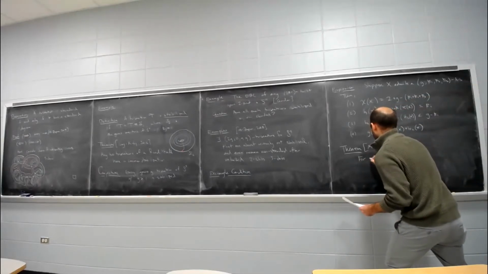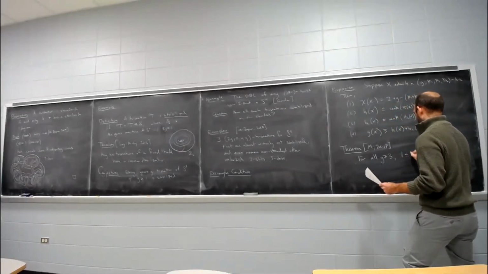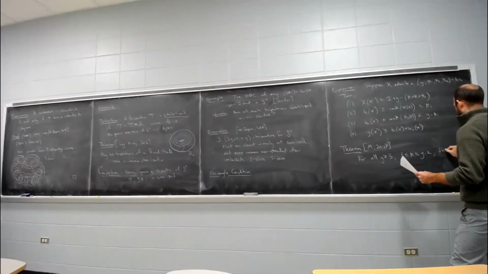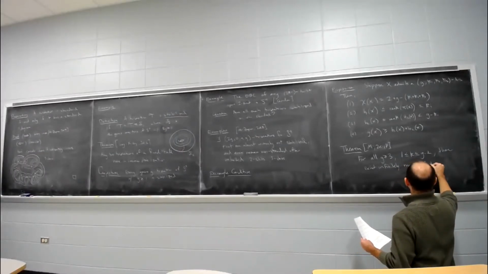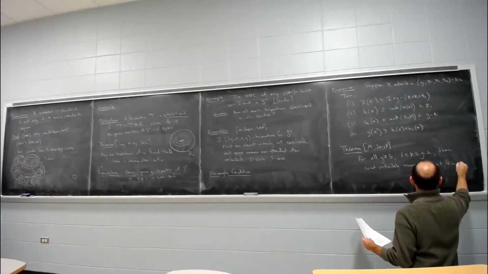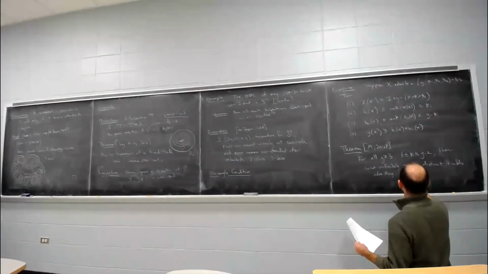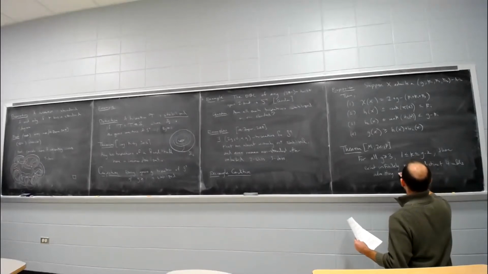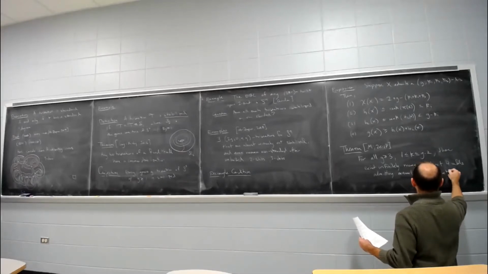So the statement is that for all G greater than or equal to 3 and 1 less than or equal to K less than or equal to G minus 2, there exist infinitely many distinct four-manifolds admitting minimal (G, K) trisections.